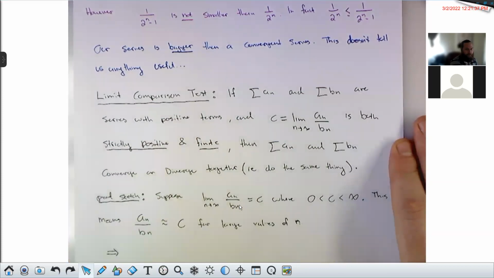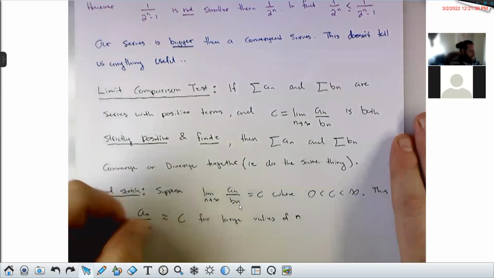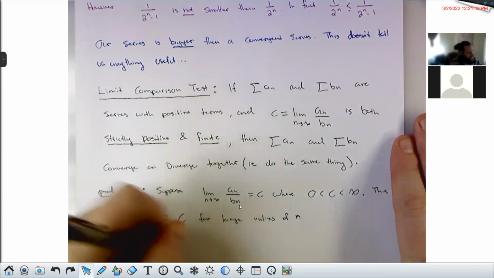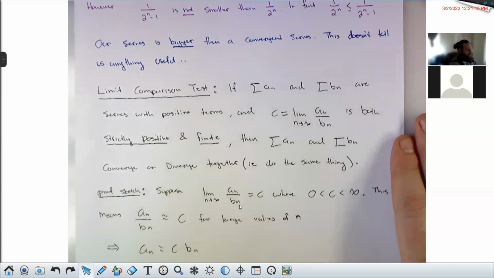If you multiply on both sides by bn, then an is approximately equal to c times bn.